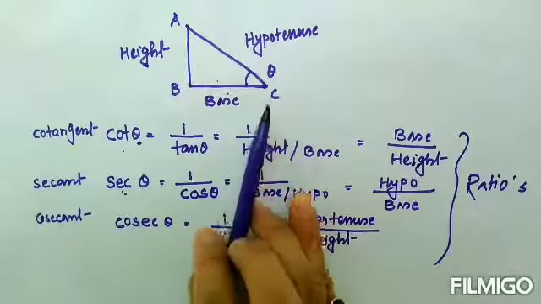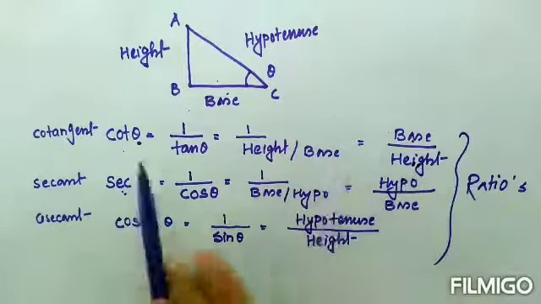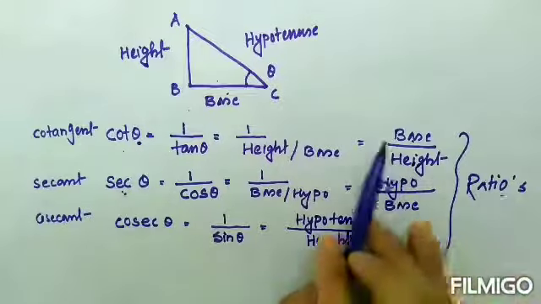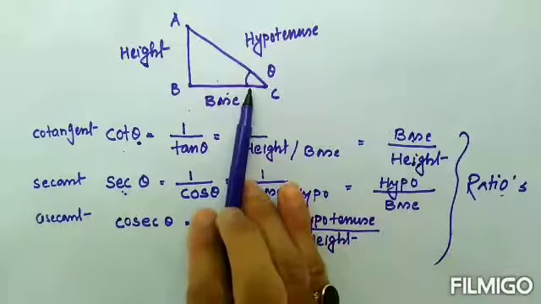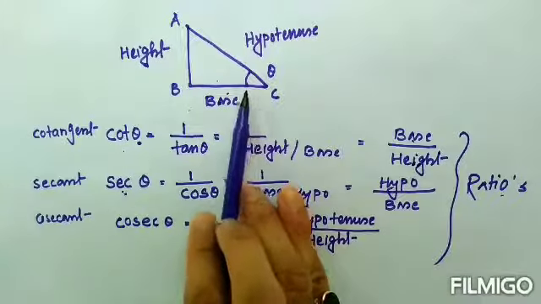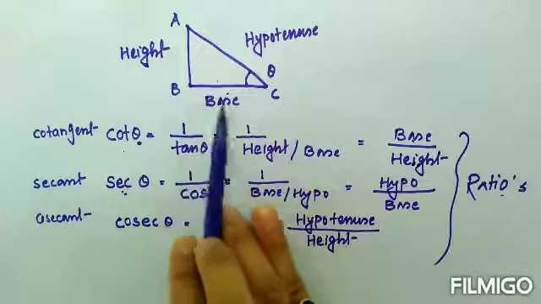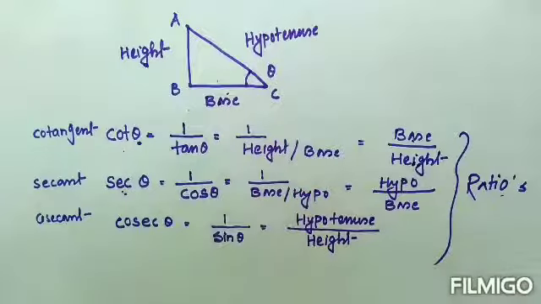I am repeating once again. These are the sine, cos, tan, cot, sec, cosec. All these are the ratios of sides depending upon the angle theta, that is angle C of triangle ABC. Got it or not?